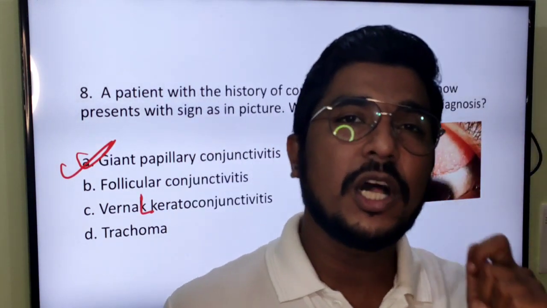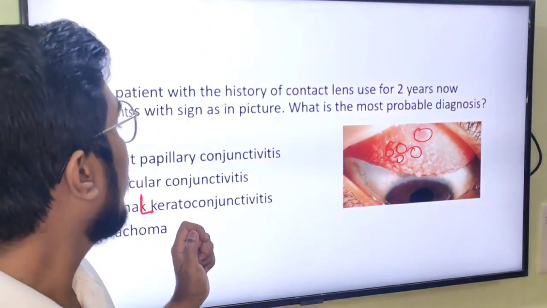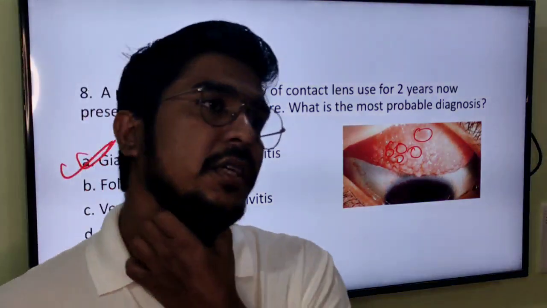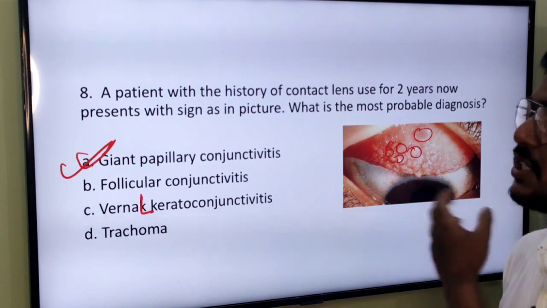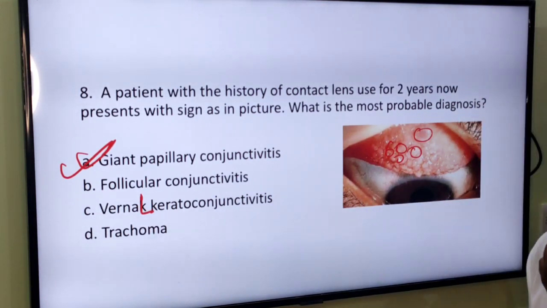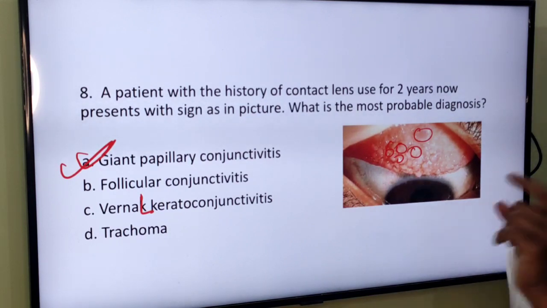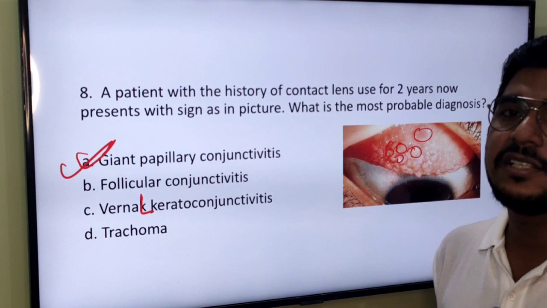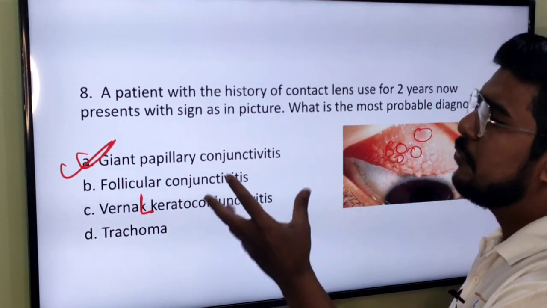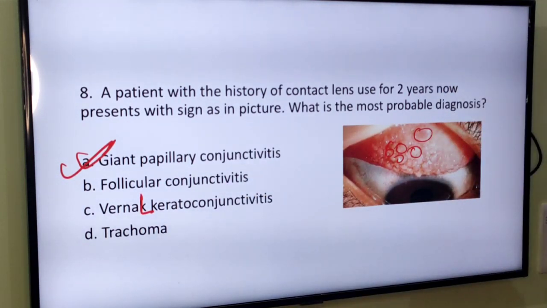The history should also contain the season. That is very important. Intense itching will take place in vernal keratoconjunctivitis. And trachoma: obviously there is a follicle in trachoma, and there is trichiasis. In the tarsal conjunctiva, trachoma has the Arlt's line, that is subtarsal scarring, right? So this is pointing towards giant papillary conjunctivitis.